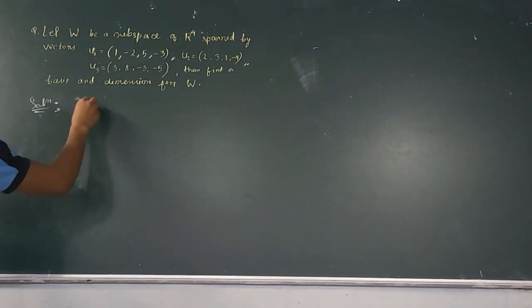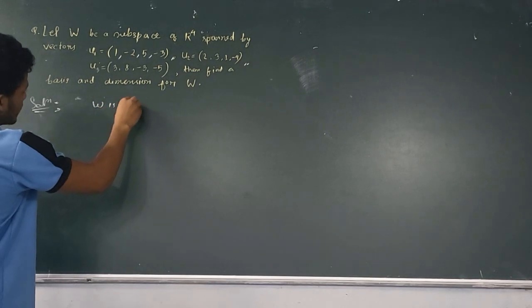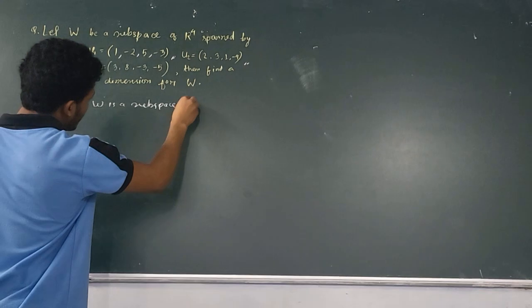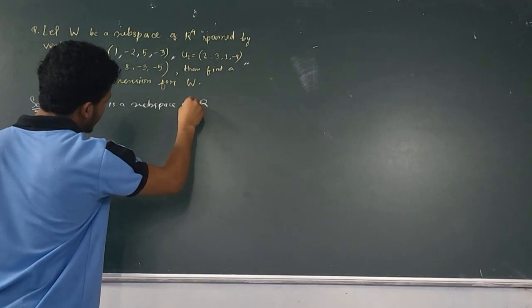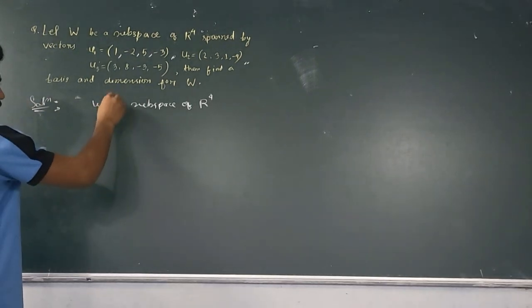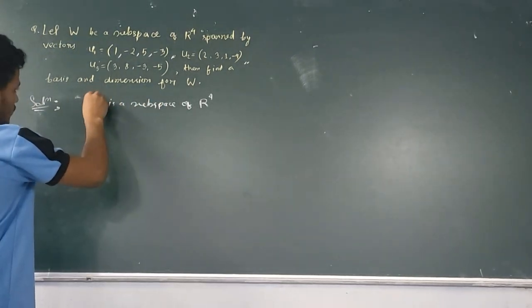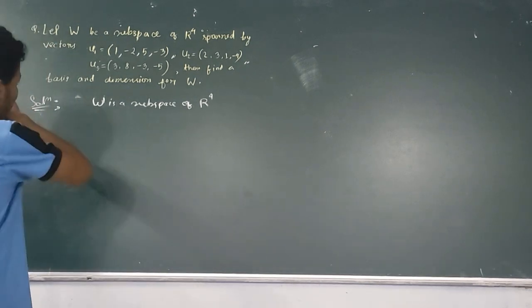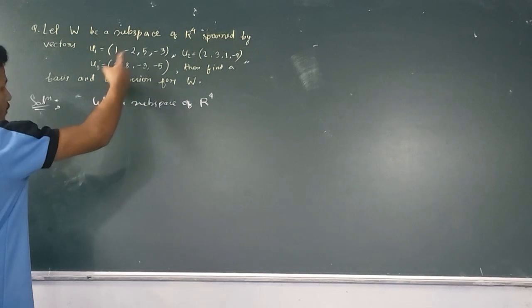So what is W? W is a subspace of R4. I hope you know what R4 is. This is capital W. And what are u1, u2, u3?